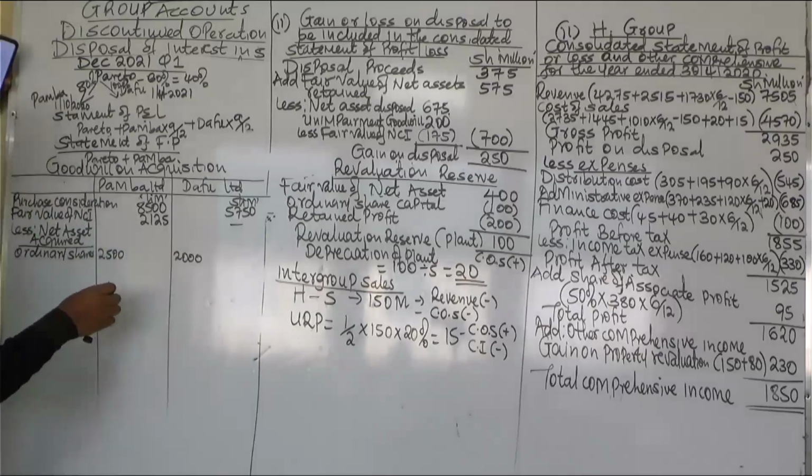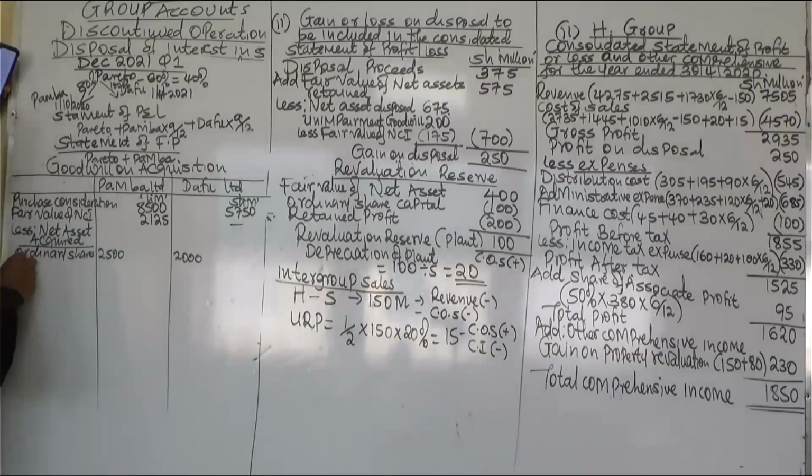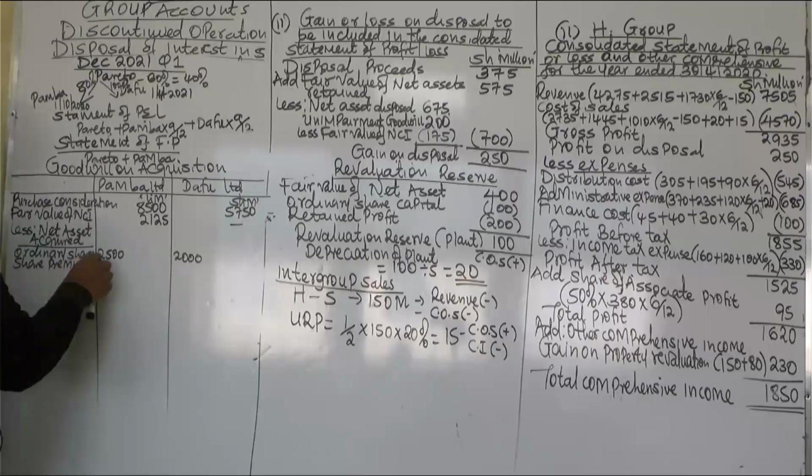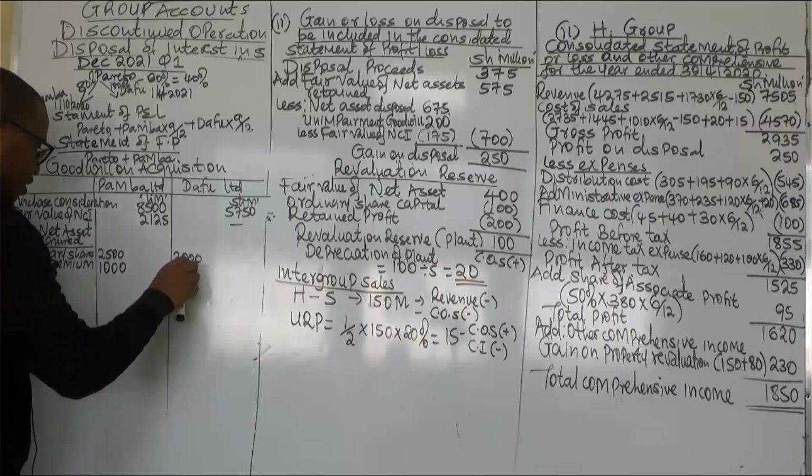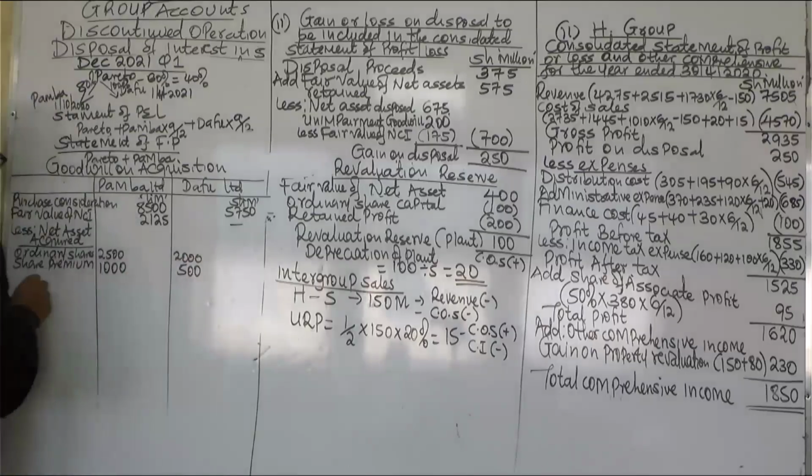We also have the share premium of how much? Share premium here, we were given, these were 1,000. And this other one was of how much? The other one is 500. I also need the pre-acquisition retained profits.